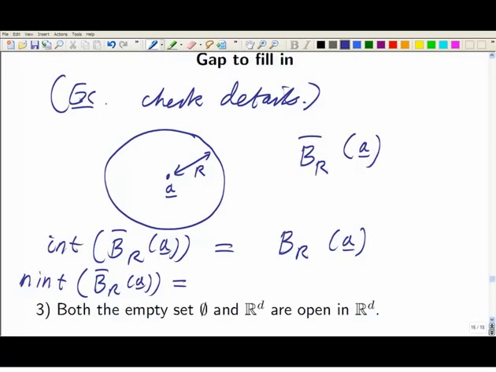Anyone want to tell me what the non-interior points, at least in that diagram, would be, before we say the general? Any suggestions? If it really was a closed disk, what would the non-interior points be? That's right, it would be the boundary circle of the disk.